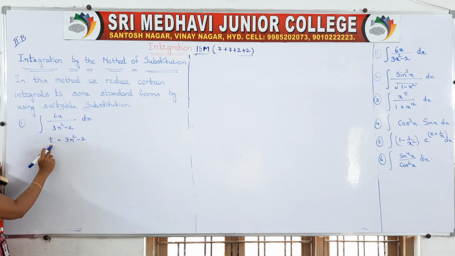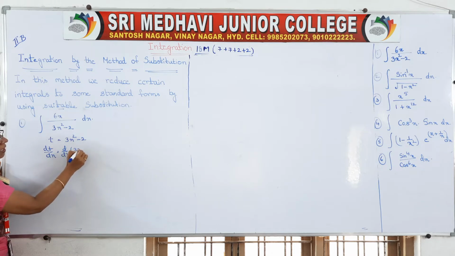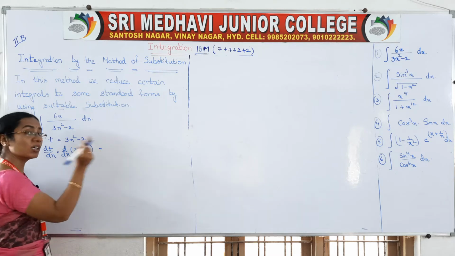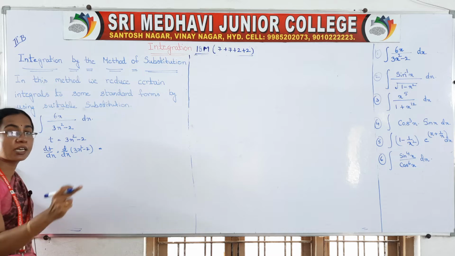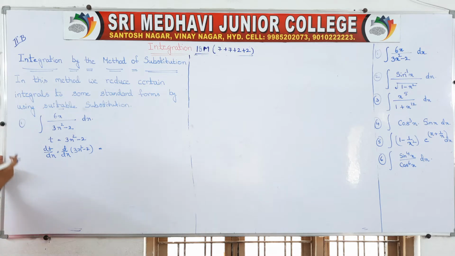Now differentiate with respect to x on both sides. What happens? dt by dx is equal to d by dx of 3x square minus 2. So I said differentiation formulas also come in here. Once you go through the differentiation formulas, then the substitution method will be very easy for you.